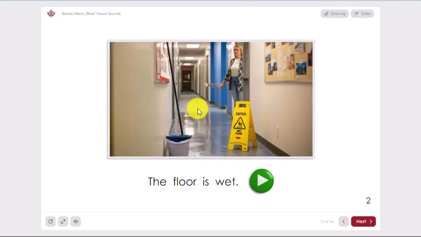I see water. I see a mop and bucket. I still don't know. I'll look at the letters. W-E-T. I think the word is wet, but I can check by looking or listening to the sounds. The floor is wet.